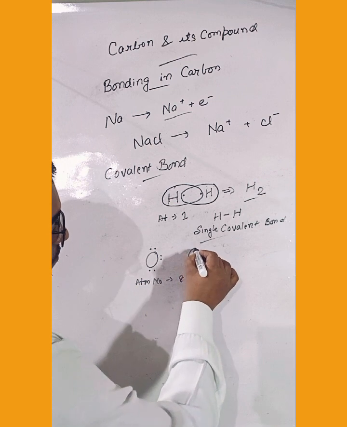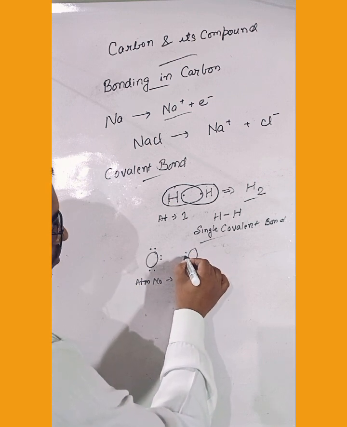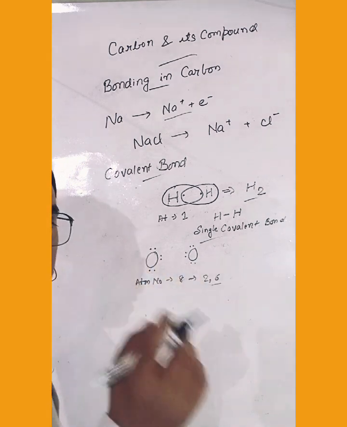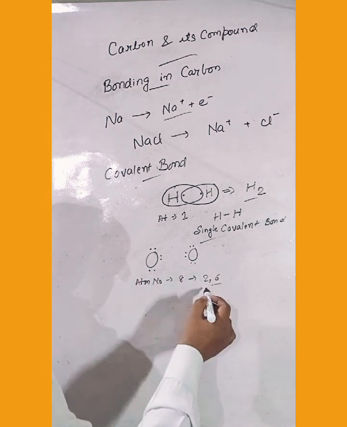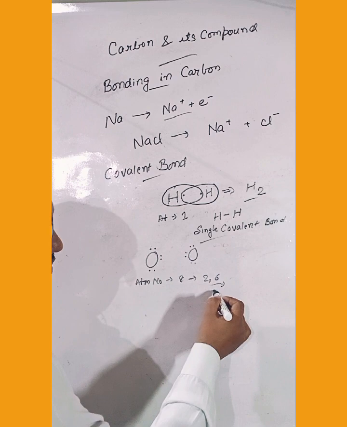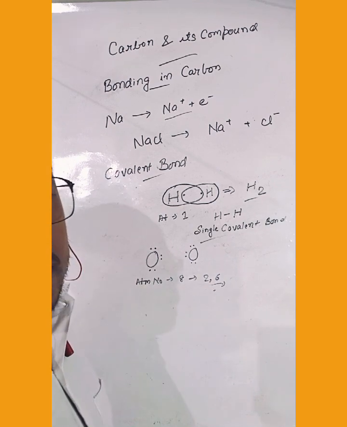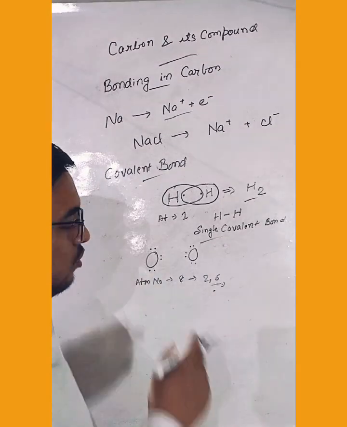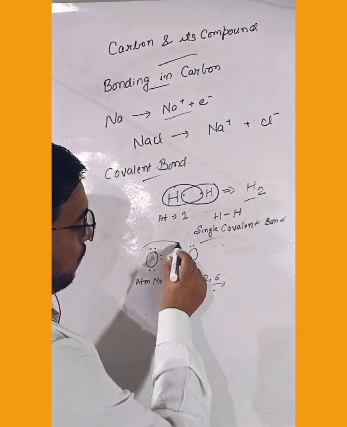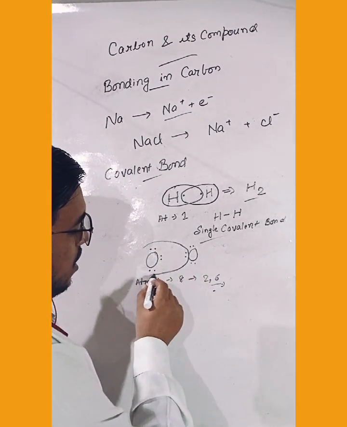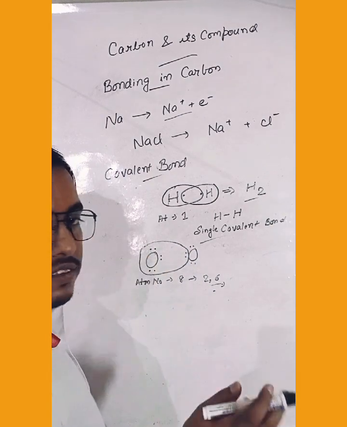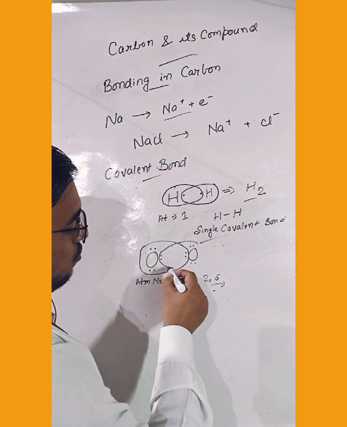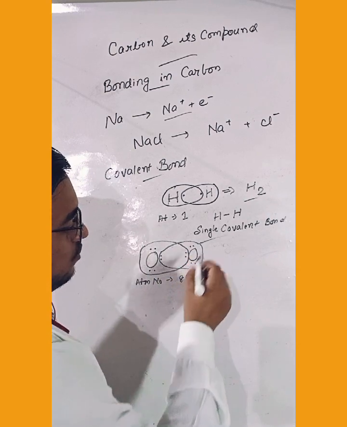Another oxygen atom also has 6 electrons. Now the sharing of electrons takes place because it requires 2 more electrons to complete its octet. So it is going to share with another oxygen atom, and the same goes for this oxygen.